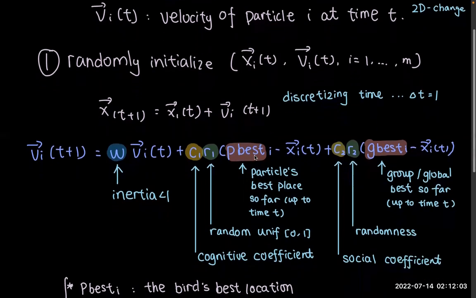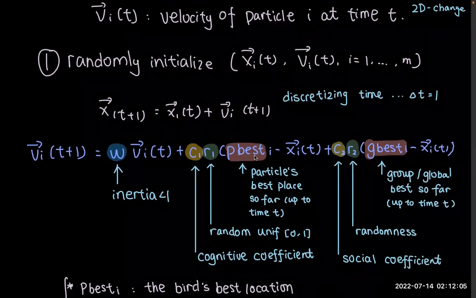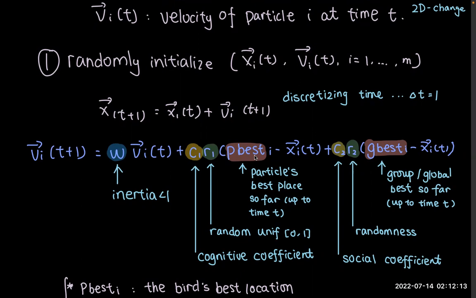And then the key here is how do we update this v? We know that in physics, the change of v is acceleration, and acceleration is decided by the force. So F equals ma, that's Newton's law, and we have something similar.